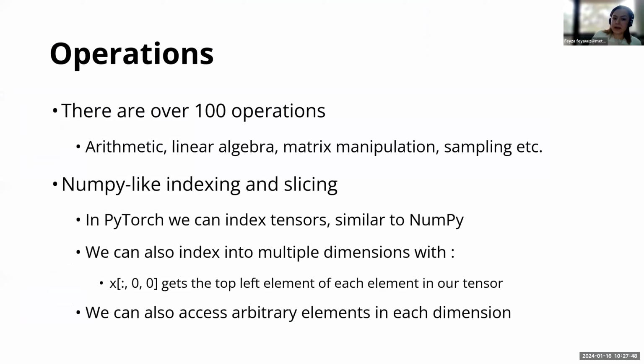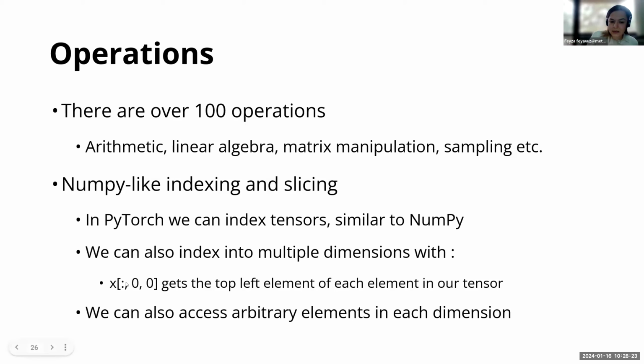And in the basics, we have to understand how we can reach data in a tensor, like indexing or slicing. In PyTorch, we use NumPy-like indexing and slicing. If you're familiar with NumPy, this will be easy for you. And we can index on multiple dimensions.